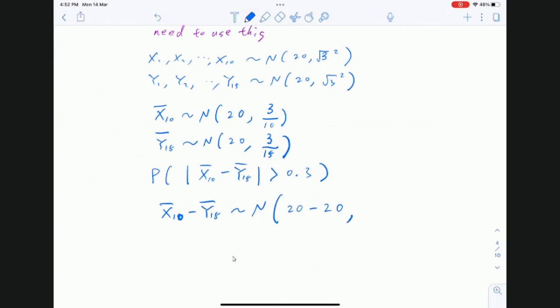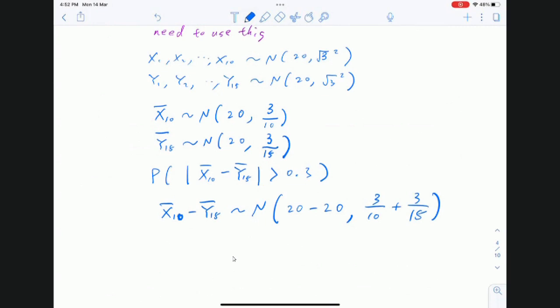And for the variance, don't take the difference of the variance. We are also adding up the variance of them, no matter whether this is minus or addition. So we need to add the variance of this to this. So this is how we can find the distribution of the sum or the difference between two normal random variables.